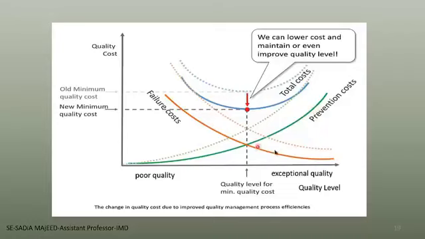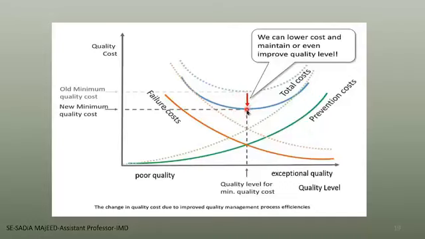The sum of these two is quality cost, and the minimum point of the quality cost is the optimum quality cost. We have to maintain this point. We have to achieve this point.